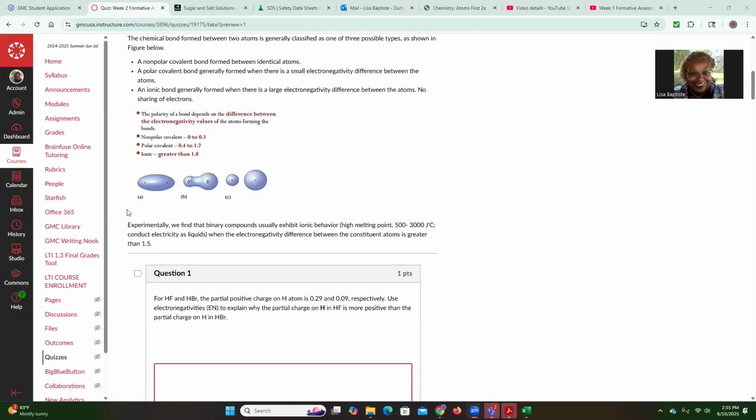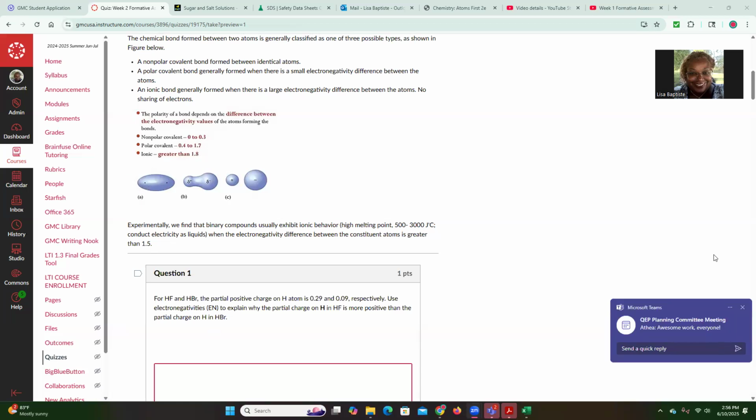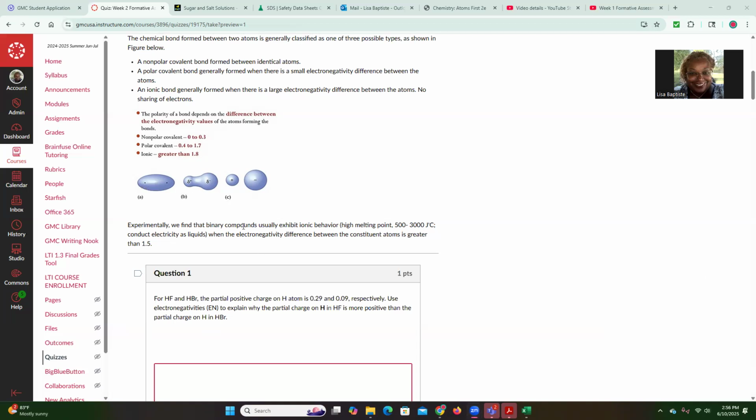For a nonpolar bond, it's similar to this picture where your electrons are in a shared state, and it creates that nonpolar bond. It's more of an equal sharing of those electrons. In the polar covalent state, there's one element that has a greater attraction for the electrons than the other one, and it creates what we call a partial positive and a partial negative charge.